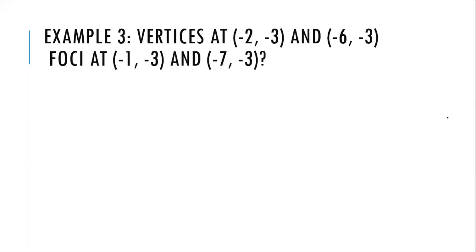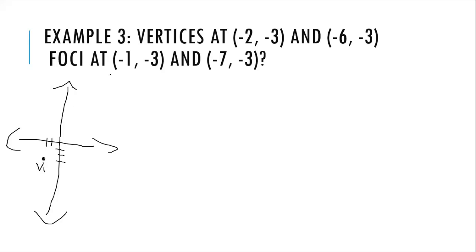Next po, example number 3, vertices at negative 2 and negative 3. Our vertex 1 is negative 2 ang x, negative 3 din po yung y. So this is the vertex 1, and then vertex 2 po natin is negative 6, and then negative 3.